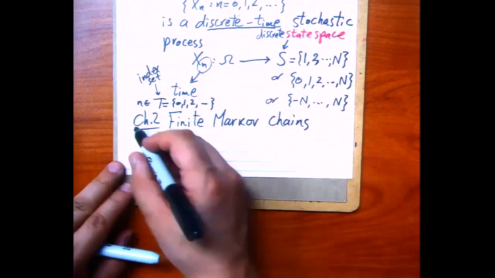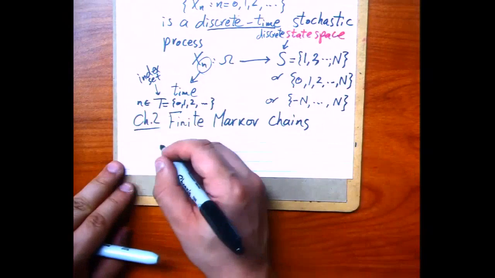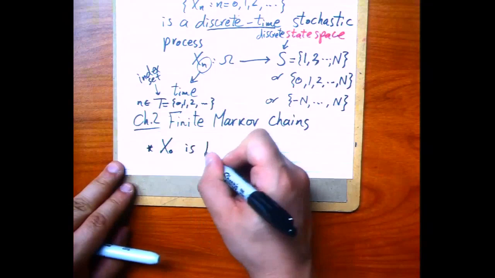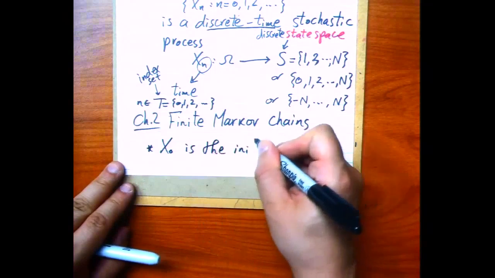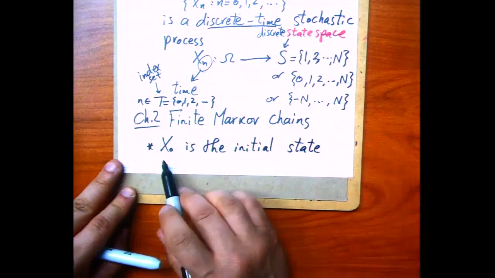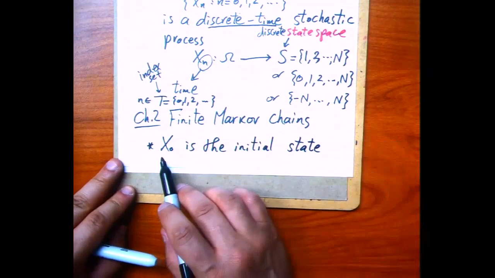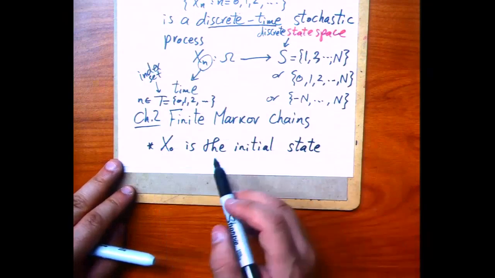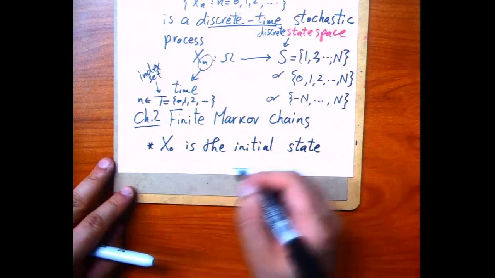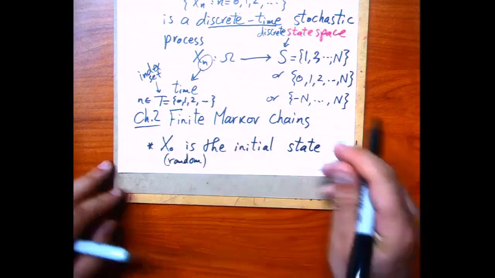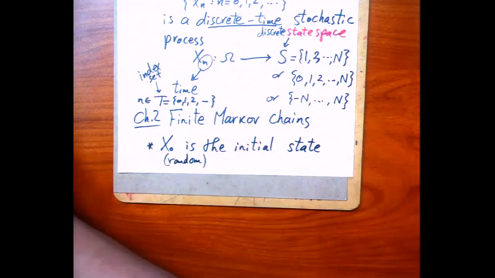In general, we also say X0 is the initial state. That's where the process started. While it's random, it's the initial state of the process, unless I state where the process was at time 0 with probability 1.